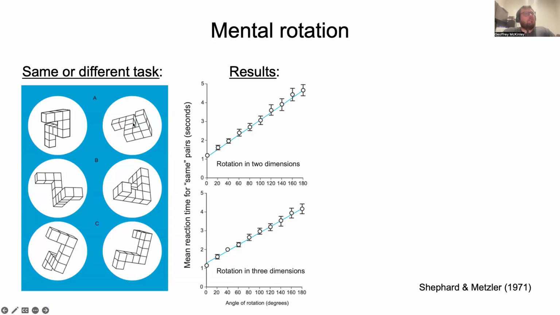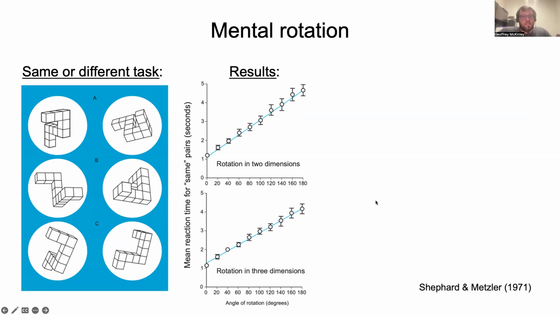The idea was that the more you have to rotate one of these stimuli in order to match the other one, the longer it took to make the decision to say that the pair was the same. And this was true regardless of whether the rotation had to be done in two dimensions, just left or right, or whether they had to be rotated in the third dimension, right?